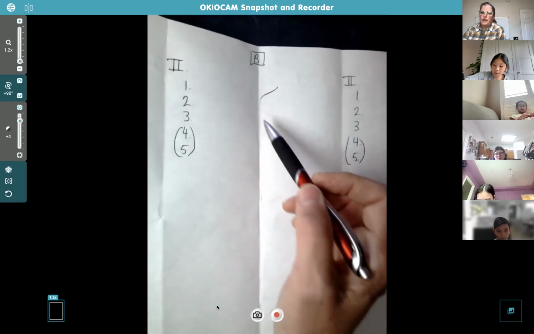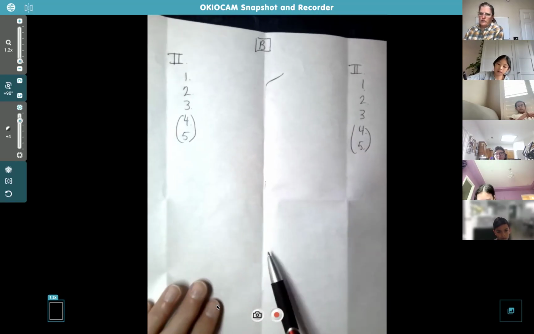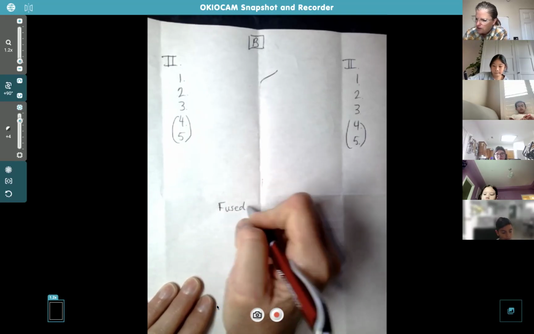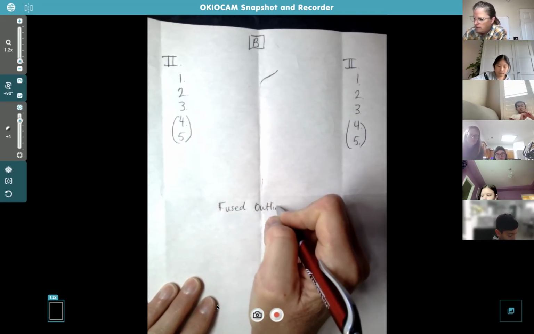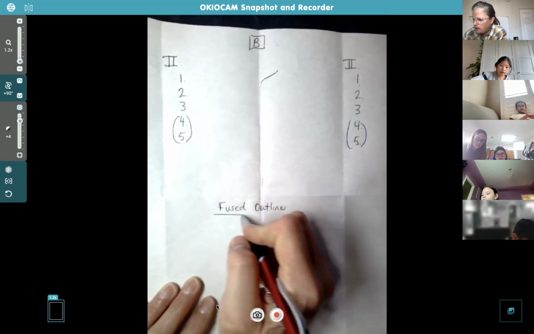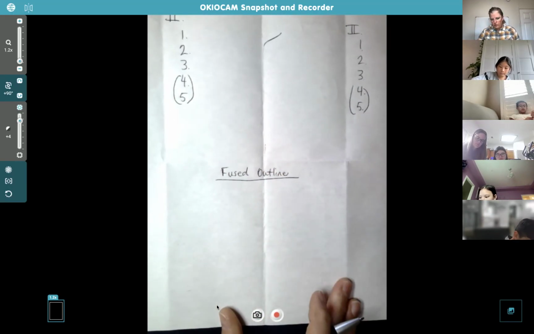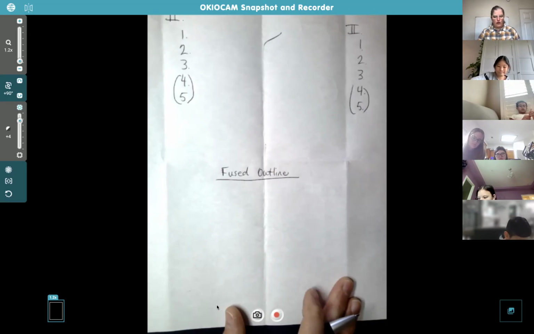So now under B, in the box under it, I want you to write fused outline and then draw a line under that like that. Okay, this is your fused. This is what you will eventually use to write your second paragraph.